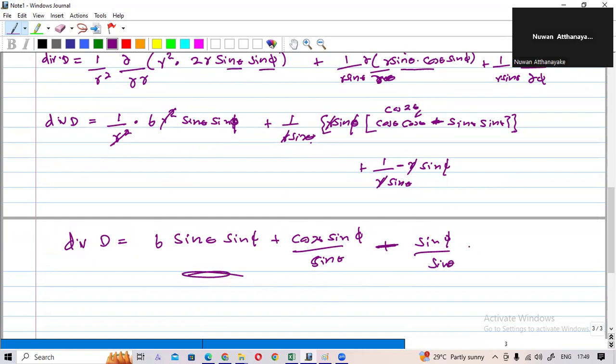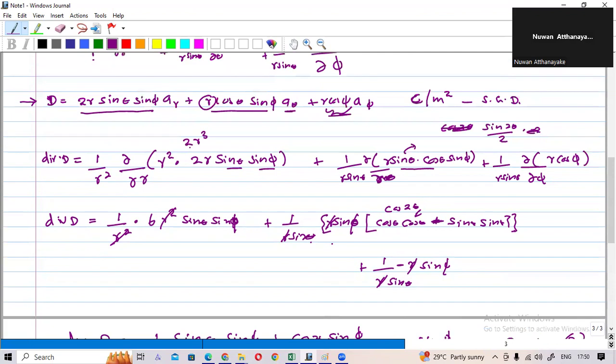Okay. Actually, according to the Maxwell law, this divergence is equal to the volume charge density at a point. Okay. So that is the Maxwell third equation. Anyway, this is how the divergence is evaluated.